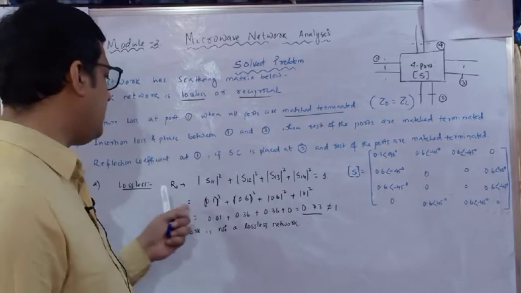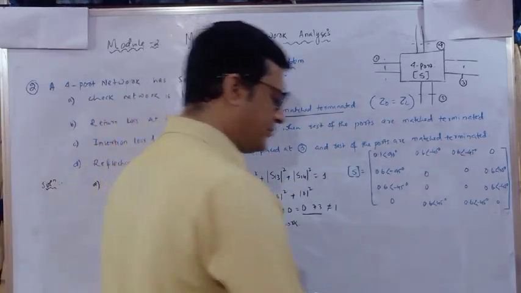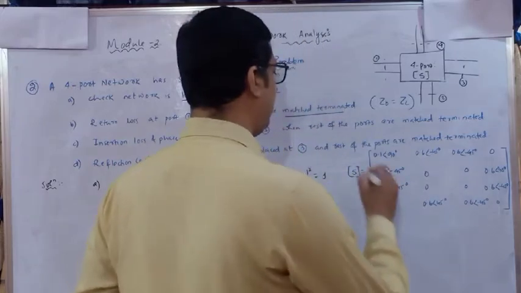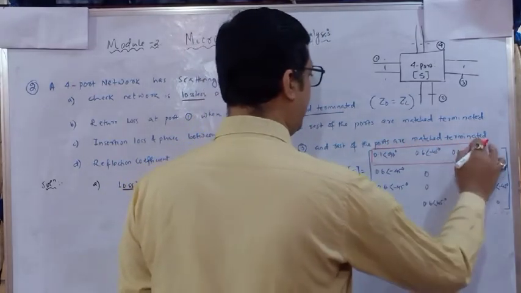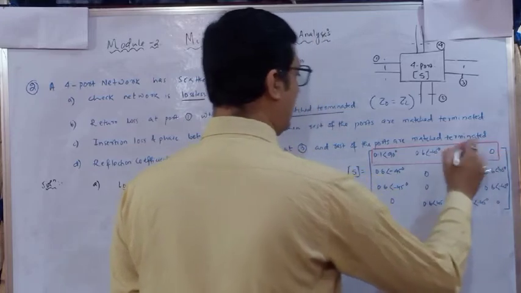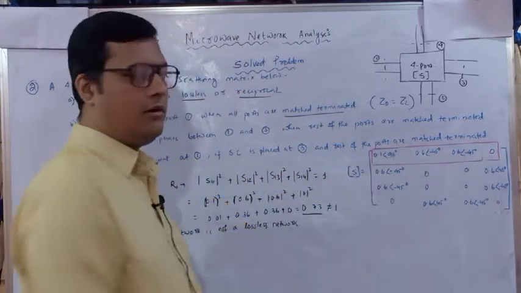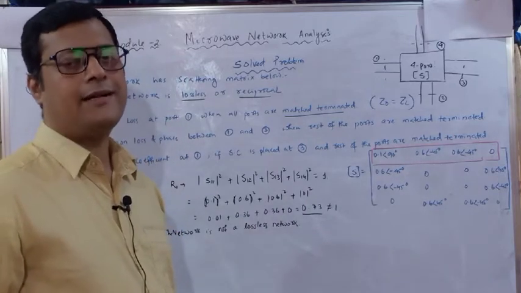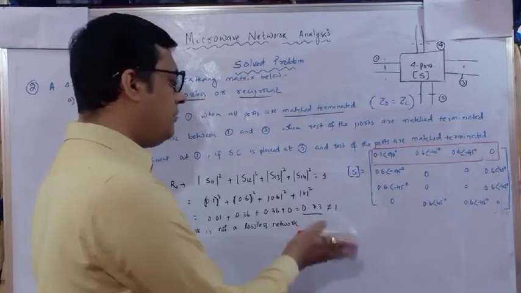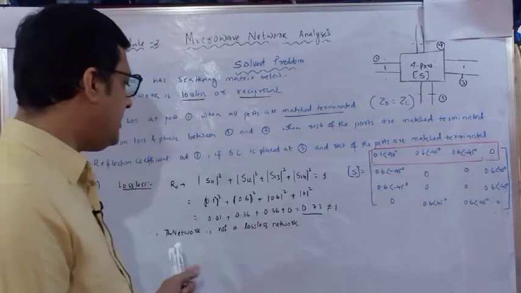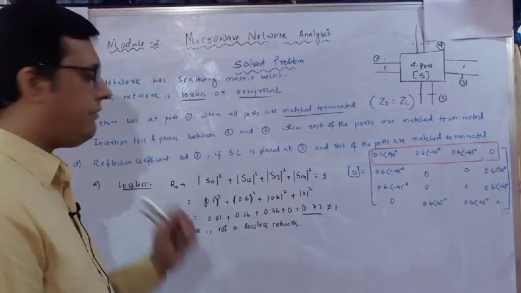Losses are there, because the first row, taking the individual squares of the components including 0, because we have to consider all the points, or you can consider this column also, you will get 0.73. So 0.73 is not equal to 1, so we have to justify that this network is not a lossless network. Okay, so this is the first one.